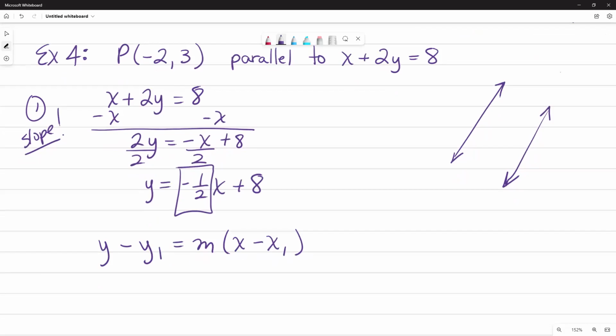And then I plug in everything except for the y and the x. So y minus 3 equals negative 1/2 times x minus negative 2, so that's x plus 2.